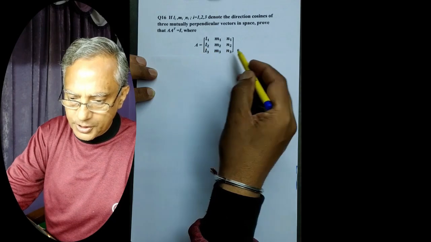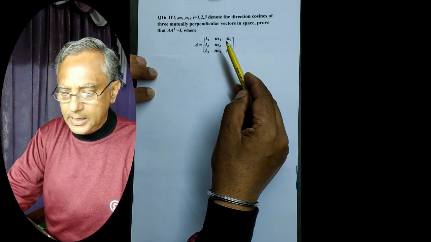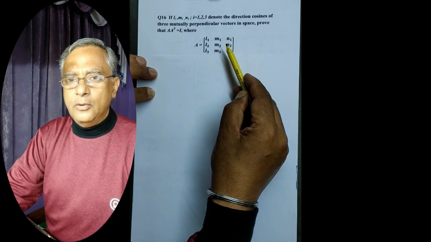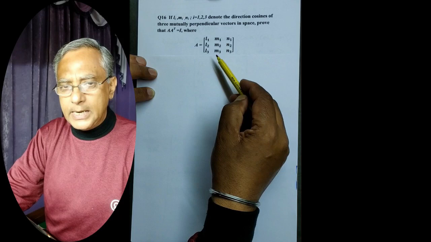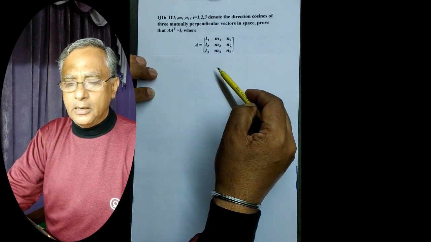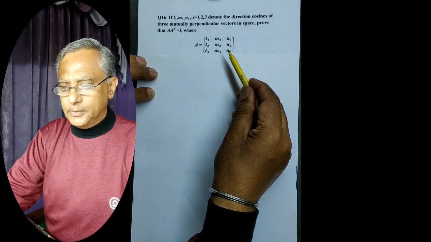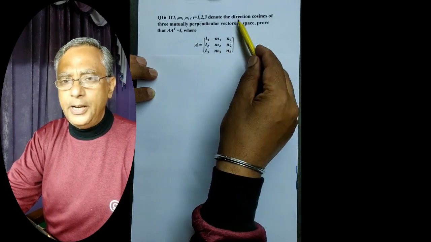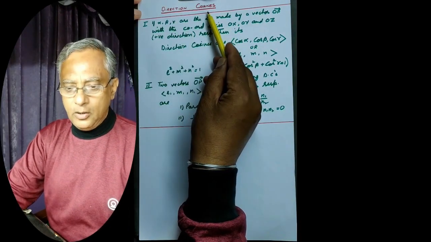Now, in this question, we will be using two basic results from vectors. First of all, I will tell you those results and then we will proceed with this question. Two basic results from vectors concerning direction cosines.